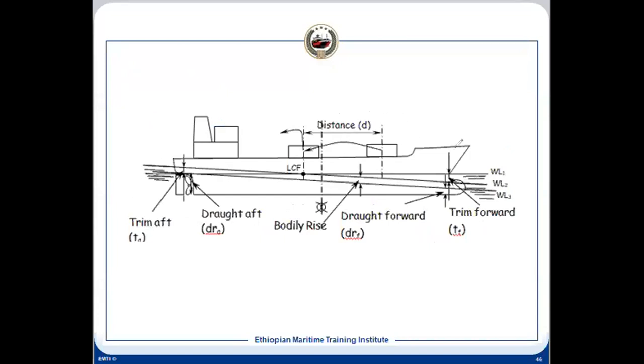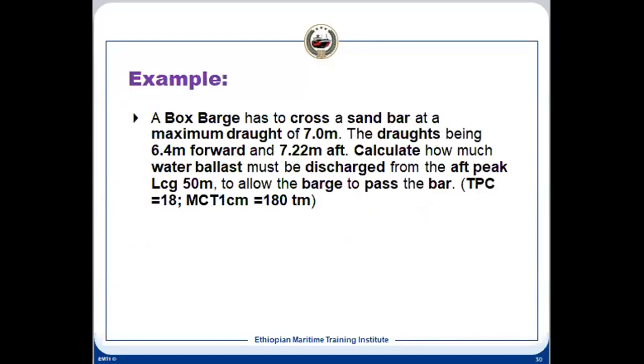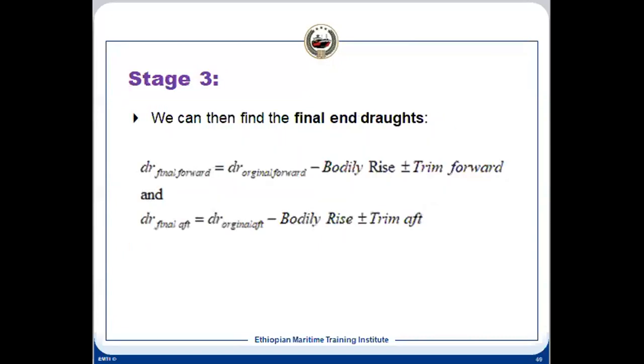The draft here will reduce and this draft will increase, because the mass has been removed from forward of the LCF. So accordingly, we can select plus or minus. Is it clear to everybody: bodily rise, bodily sinkage, and then mass removal and mass added, how do you calculate the final draft, aft and forward?